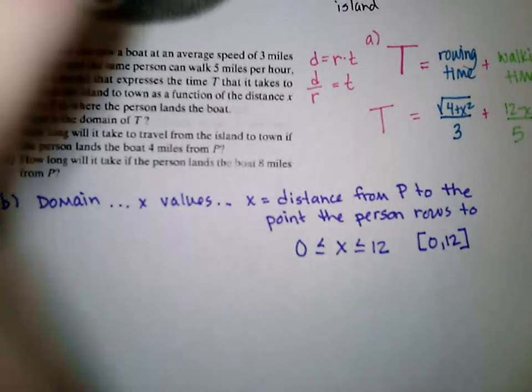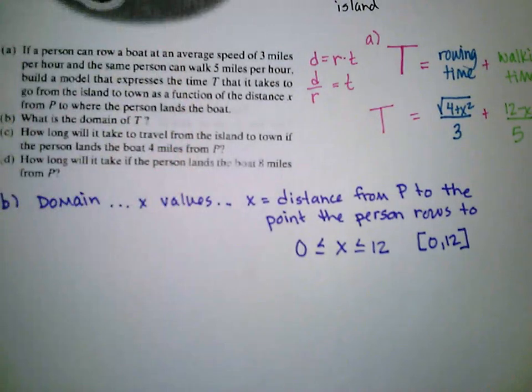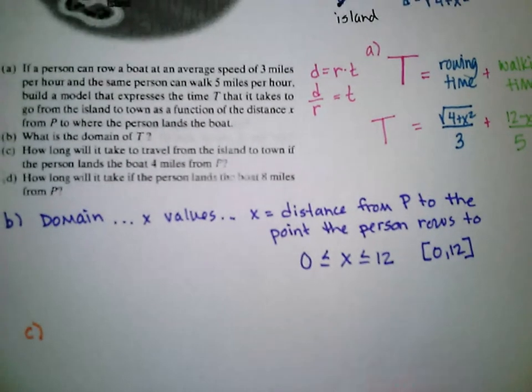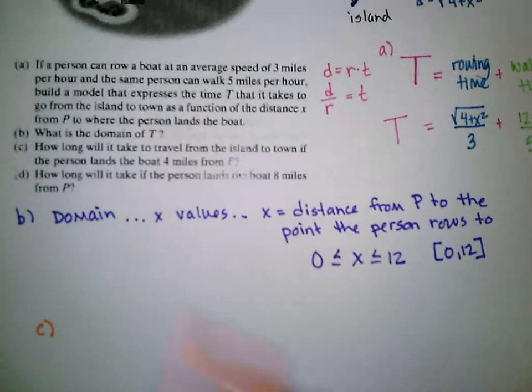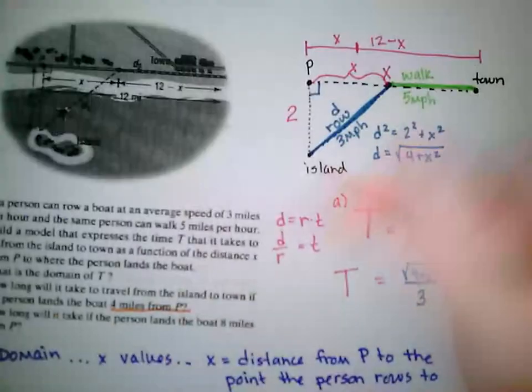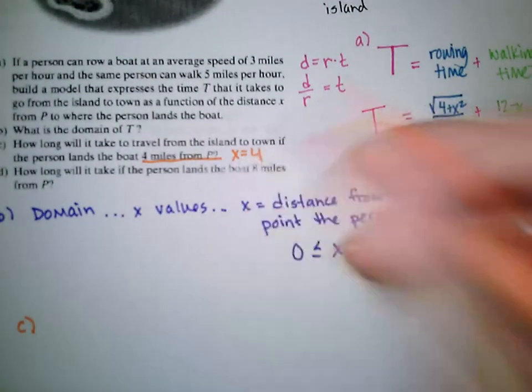Part C, how long will it take to travel from town if the person lands the boat 4 miles from P? So 4 miles from P, so I'm going to row across so that x is 4. So that's what that means, x equals 4.